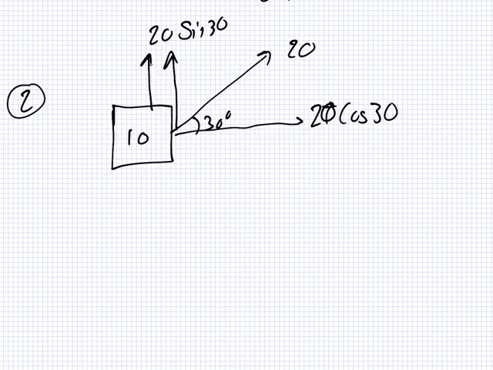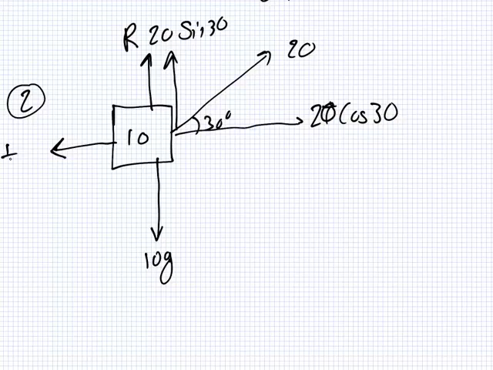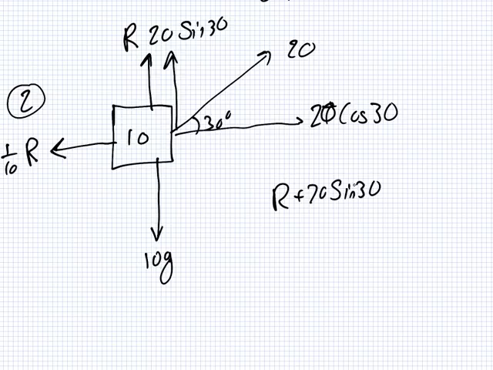There's a reaction force here. There's a weight here, 10g. And then there's a friction force here. How big is this friction force? 1/10 of R. So you have R plus 20 sine 30 equals 10g.